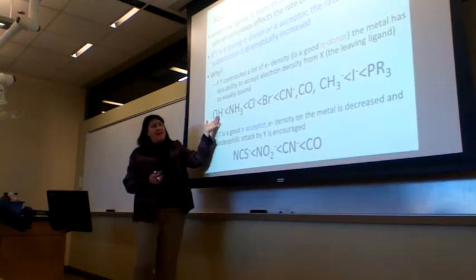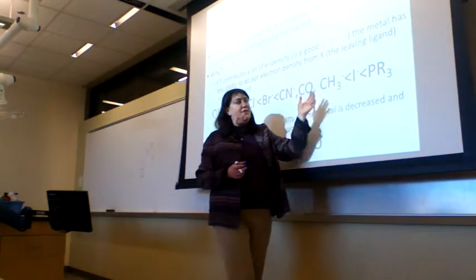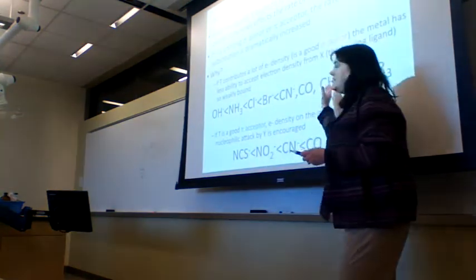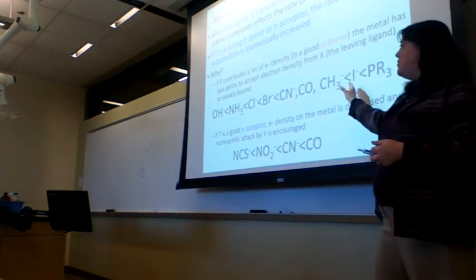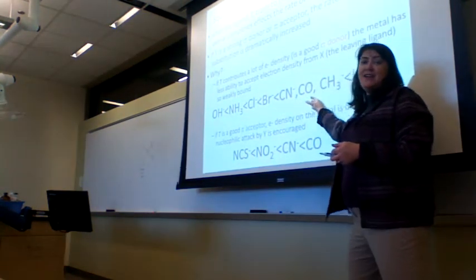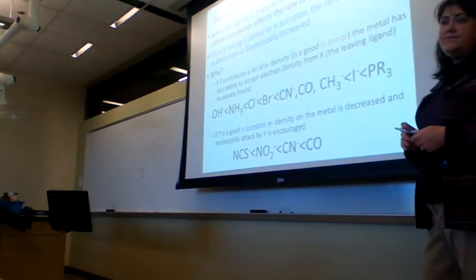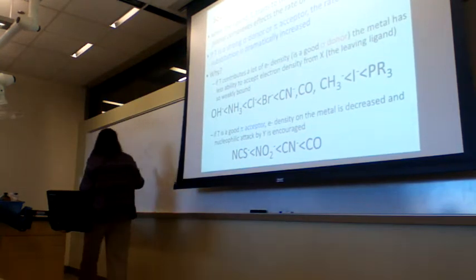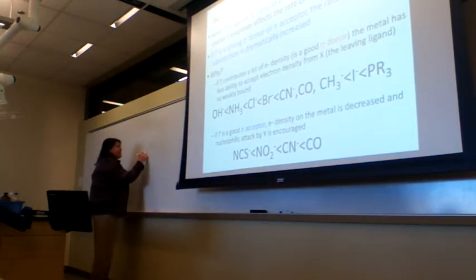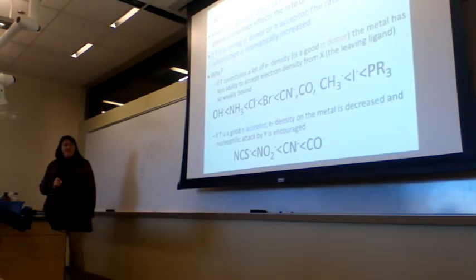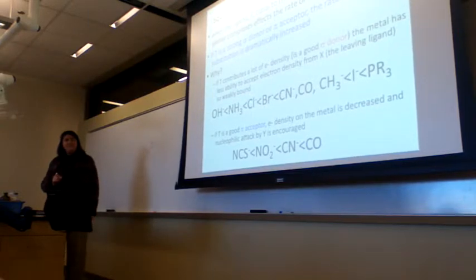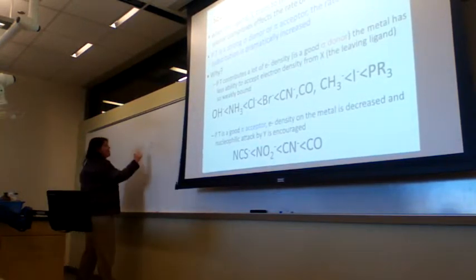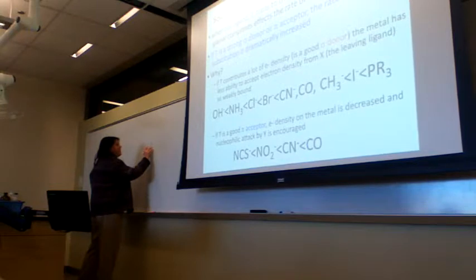But as we get more negative over here, these are really strong sigma donors. We also know these to have other properties, but they're strong sigma donors. So if they are donating electron density to the platinum, then this bond has to be a little bit weaker.